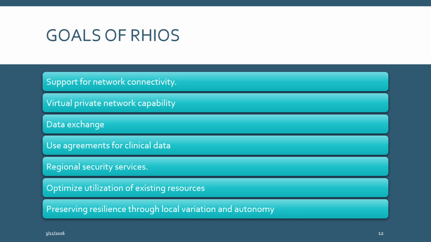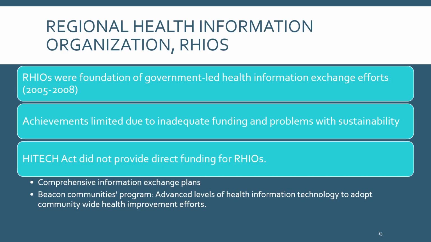Then we didn't really have to adopt different languages or different interpretations of things, and we could be local. These were the foundation of the health information efforts in the beginnings, between 2005 and 2008, but they had some problems with funding and sustainability.